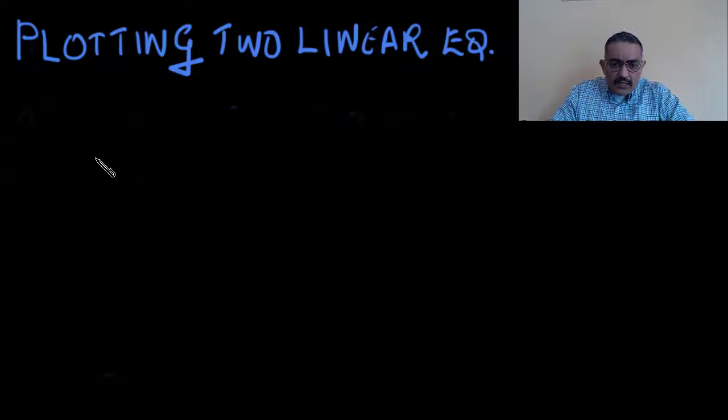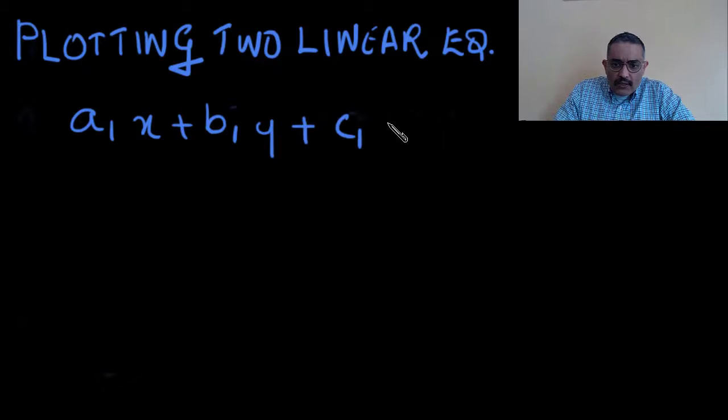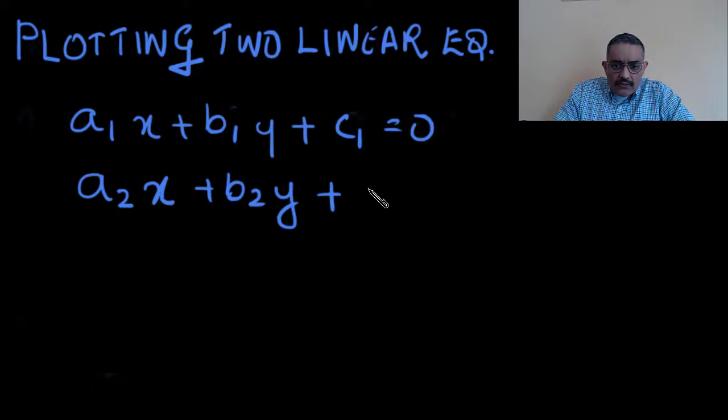So let's recap the three options. The standard equation is A1x plus B1y plus C1 equal to 0. So this is the standard form first equation, and the standard form second equation, let's say, is A2x plus B2y plus C2 equal to 0.